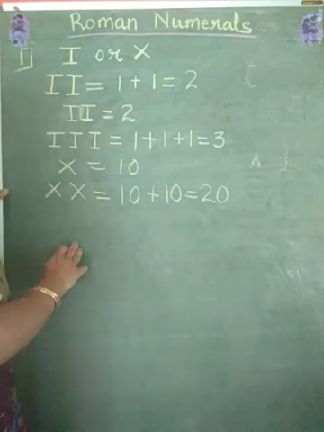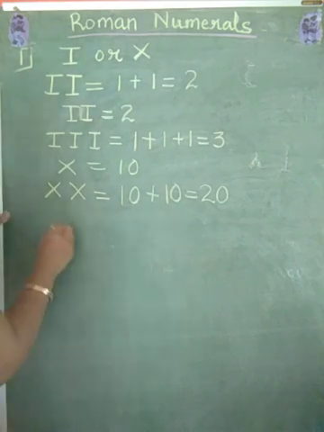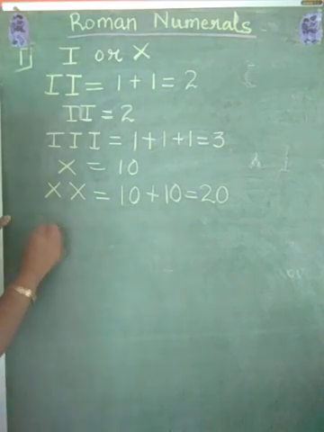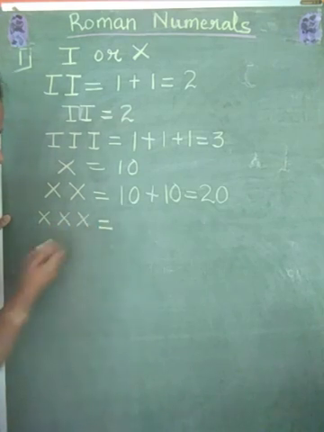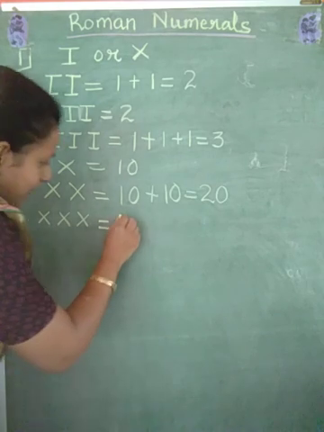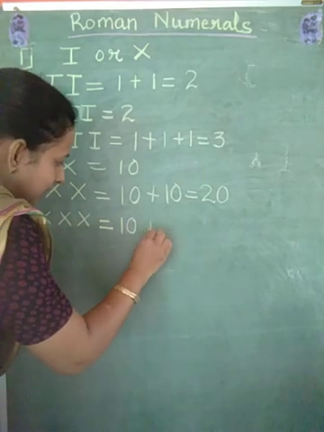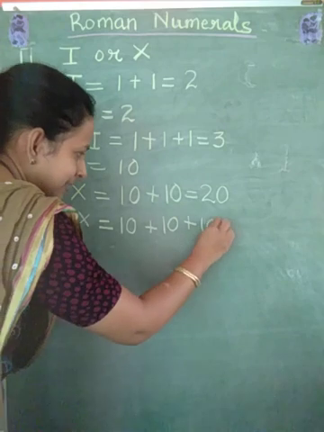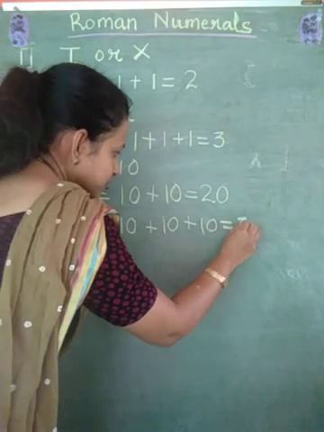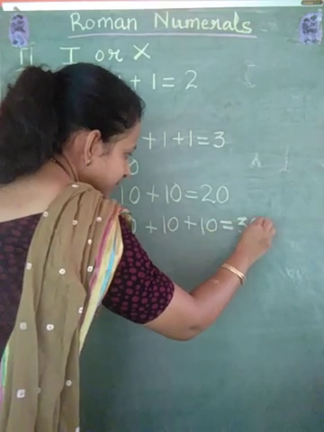Fine. Now let us write it one more time, that is, let us try to write it 3 times. X, X, X. So what will be the total? 10 plus 10 plus 10. You are right. The total is 30.